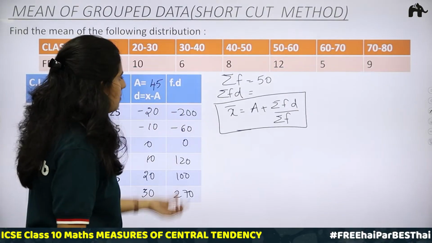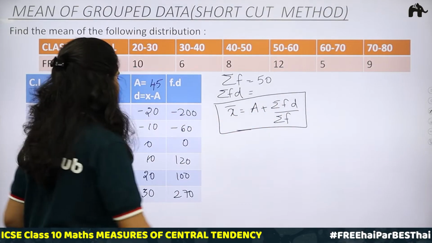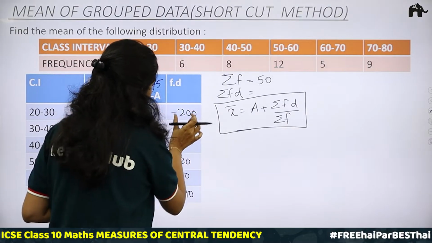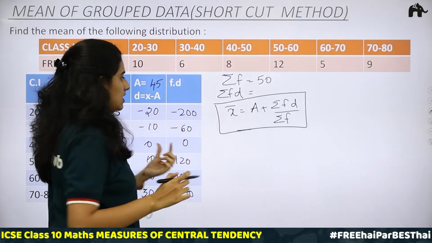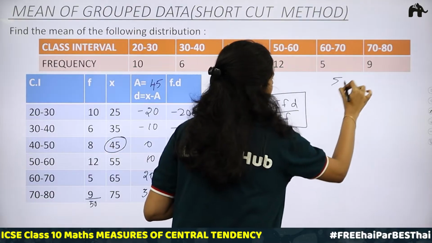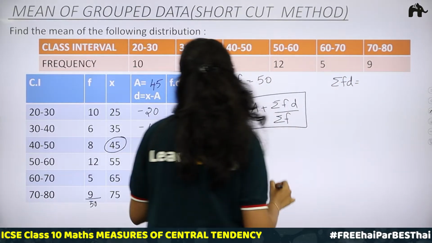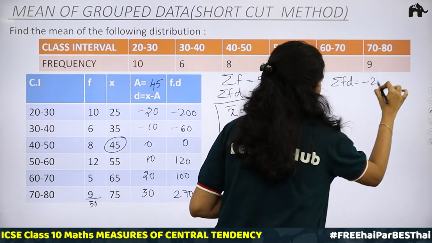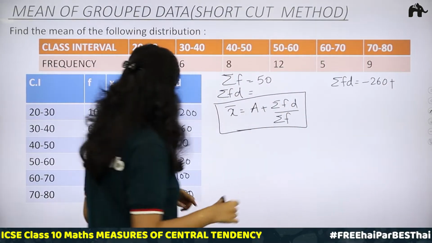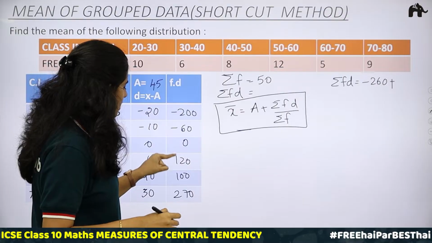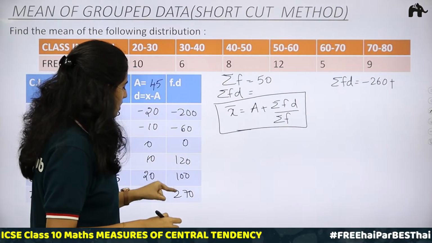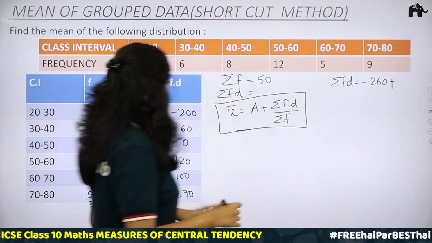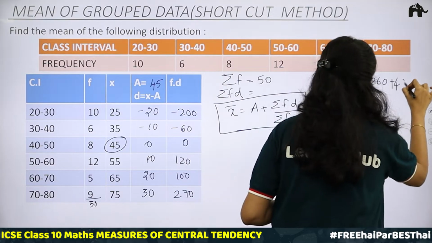Now, the sum of fd. Here we have negative values, minus 200 and minus 60. So, we will be getting minus 200 minus 60 is minus 260. Positive values, 120 plus 100 is 220, 220 plus 270, you will be getting 490.